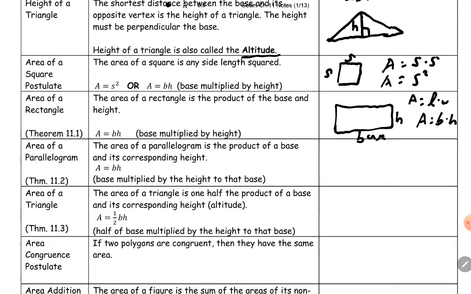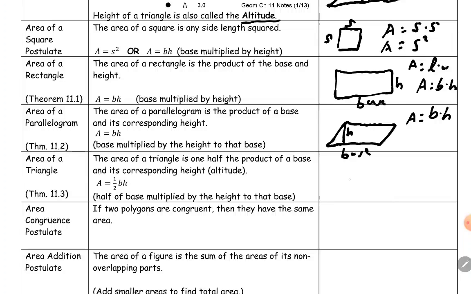area of a parallelogram. So if we have a parallelogram, it's the same as a rectangle. Base times height. So area is base times height.